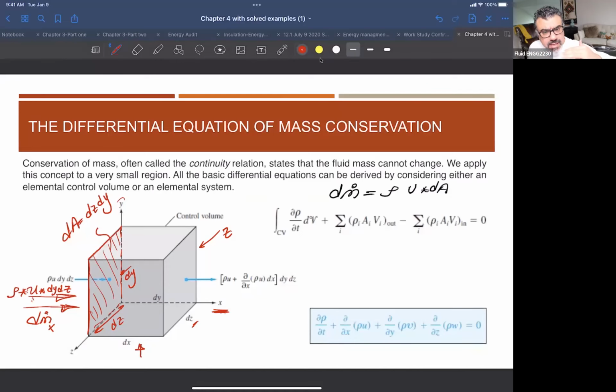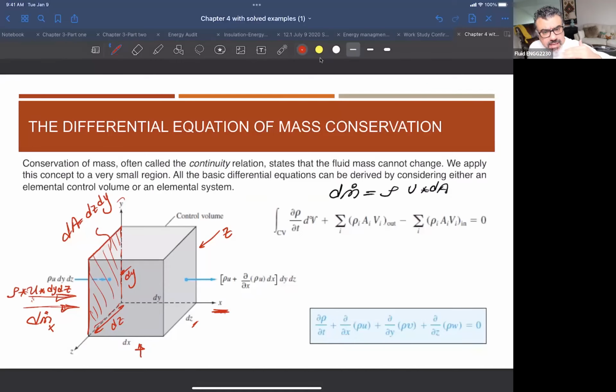This change in the x direction means d by dx of rho u dz dy. I'm taking the same value and taking d by dx of this whole variable, which is basically this number here. So this is the mass in, and this is the mass out.